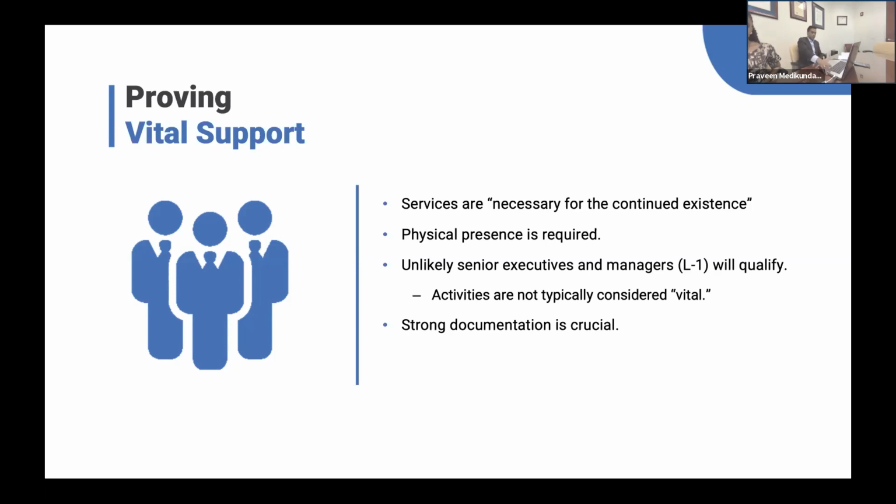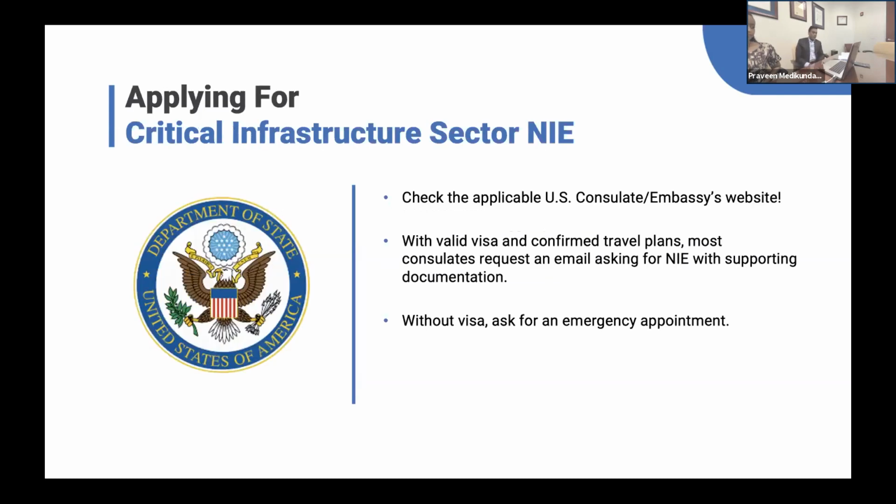So that being critical, check with the applicable US consulates for the procedures, because each consulate, we have noticed, is following a different procedure. But a general approach would be to send an email to the consular officer describing the issue and maybe providing the documentation. We can help you with that too.